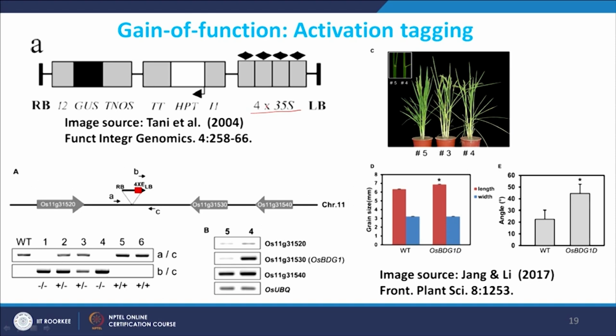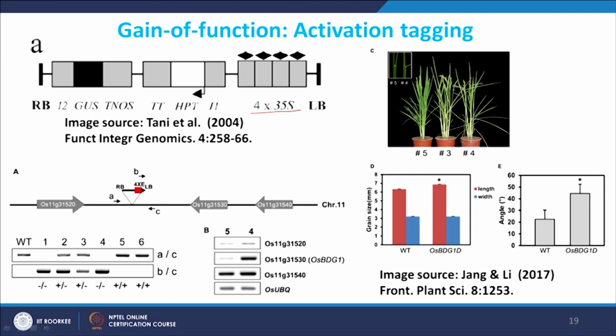But what happens is that if it comes in proximity to a basal promoter, or a promoter which normally is expressed at a very low level or is not expressed, the promoter now has the enhancer element in close proximity, and then the promoter will start very strong expression. In that case you will see a phenotype which could be because of the gain of function.